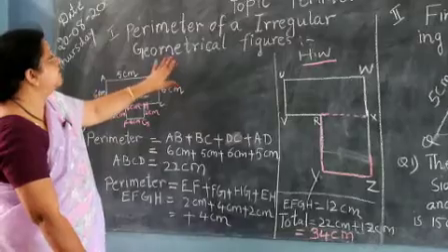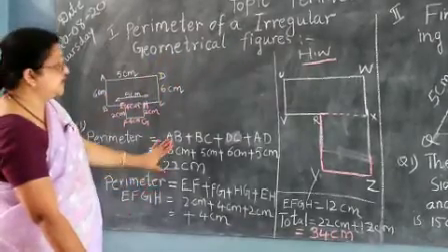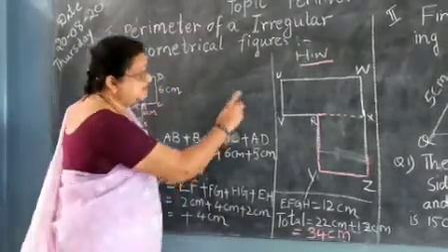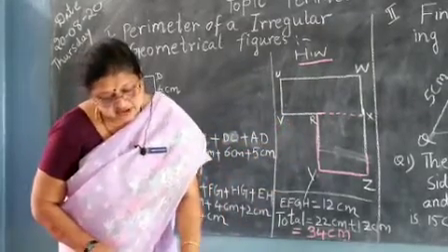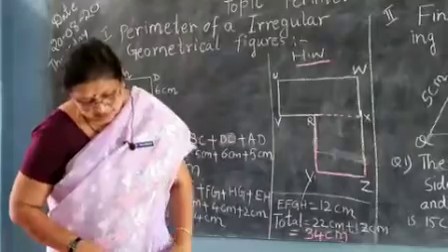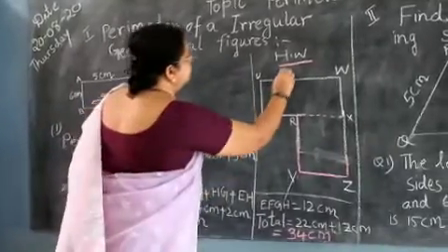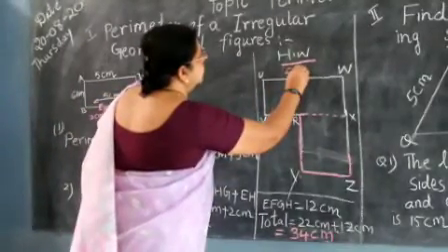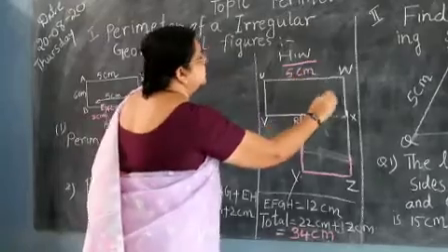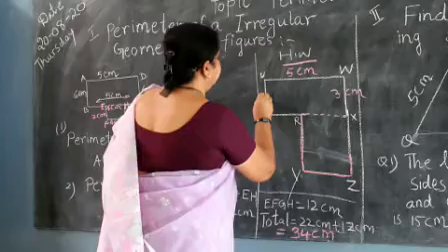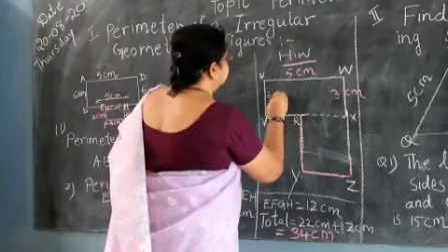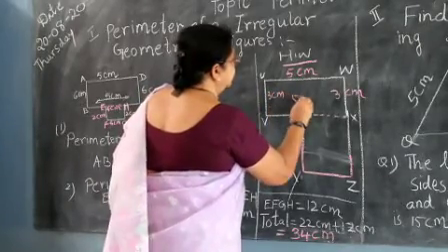Finding out the perimeter of an irregular geometrical figure. Now at home I will give you the measurement for this irregular figure, children. Please do it at home. Okay, this will be 5 centimeter, 3 centimeter, this also 3 centimeter and 5 centimeter.